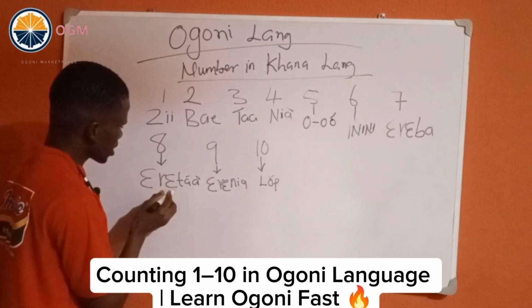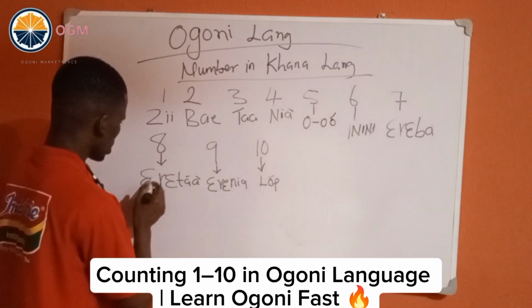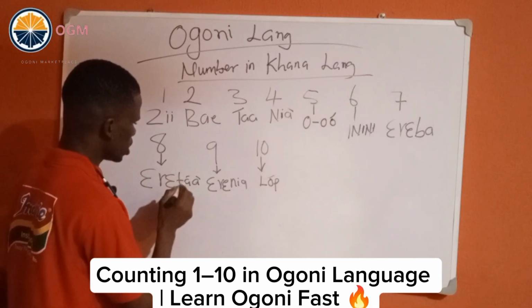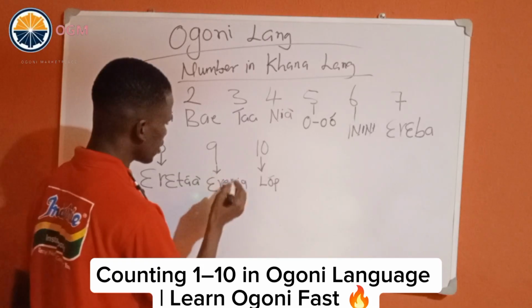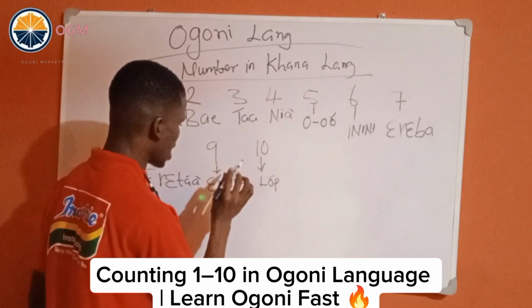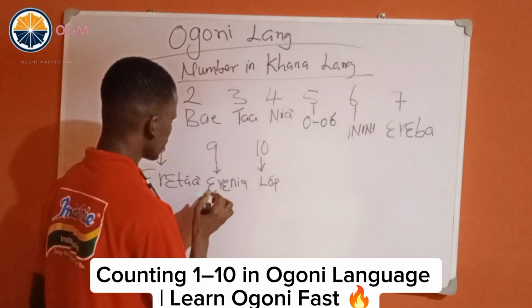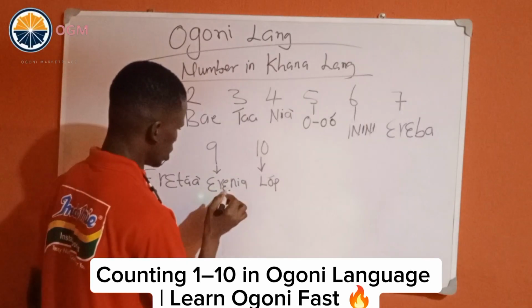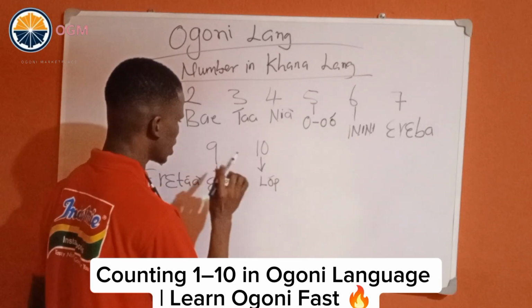This is the spelling of ereta in Ogoni language, Kana language. Here we have erenia, which is 9. That's erenia, which is 9.